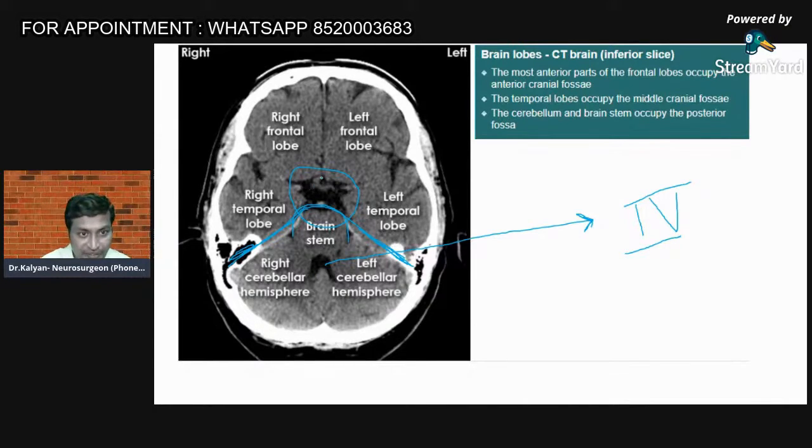And what is the shape of the basal cistern? There are two portions in it. One portion is a circle which surrounds the brainstem. I will show you in the next picture. Each one has a name which I will tell you. One portion surrounds the brainstem which is circle in shape. And the second one, can you identify the shape which I'm drawing? This is a hexagon.